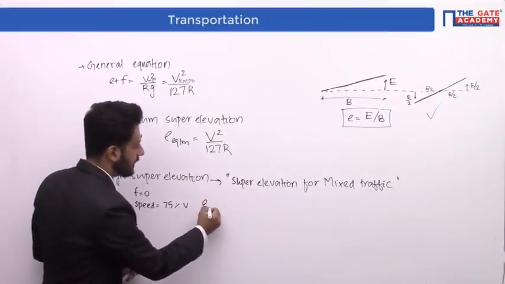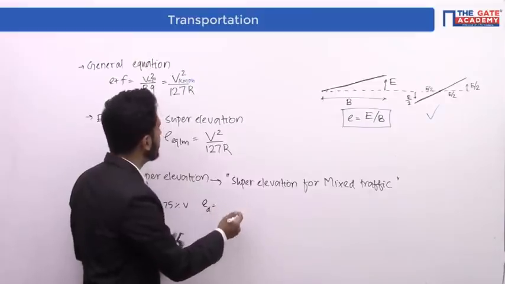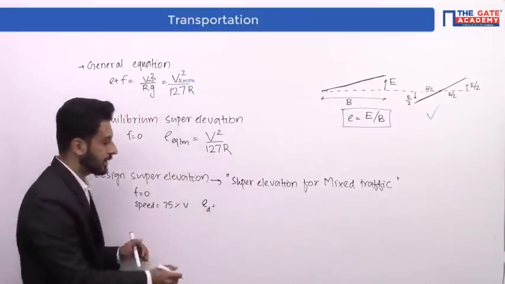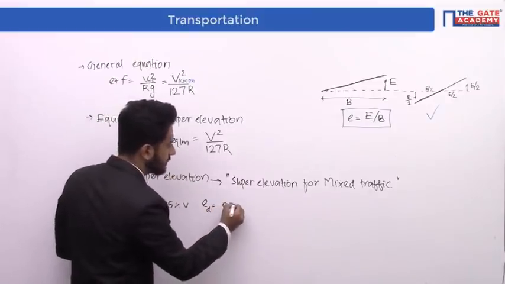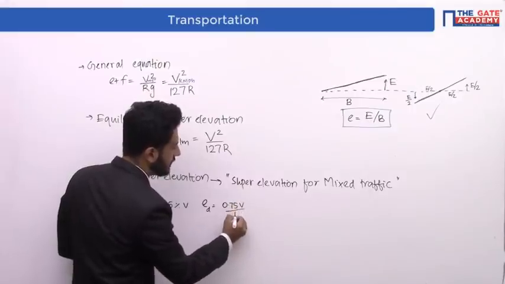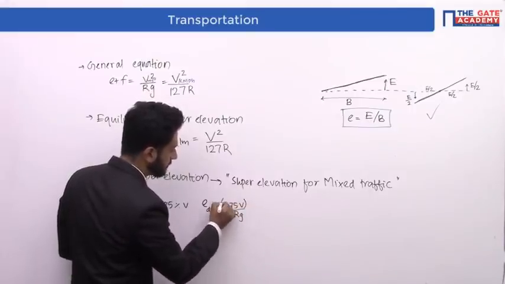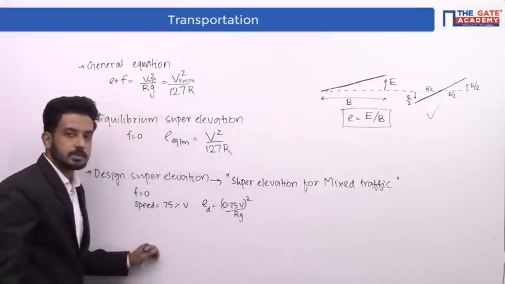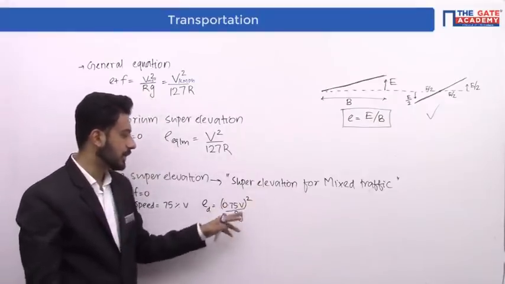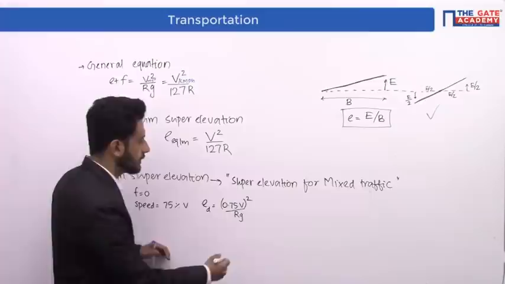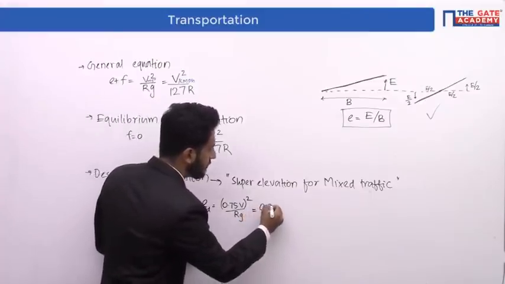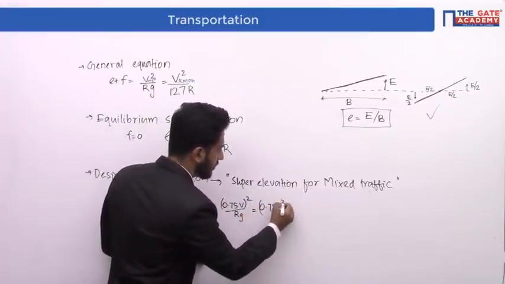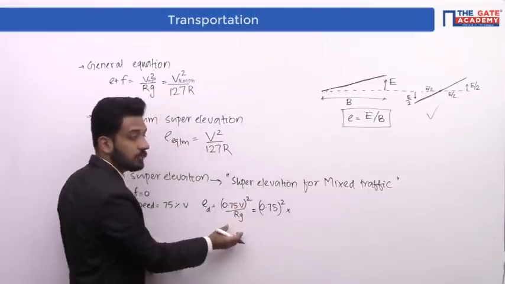So what I can write, E design is equal to, instead of V square by Rg, I have to take 0.75 V whole square divided by Rg. So I can write it as 0.75 square into small v square by Rg.